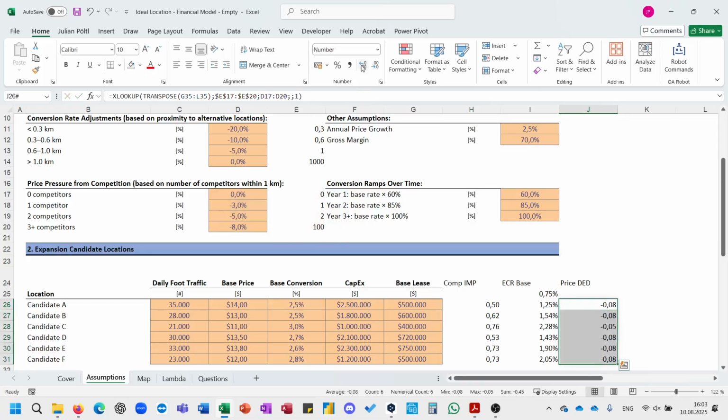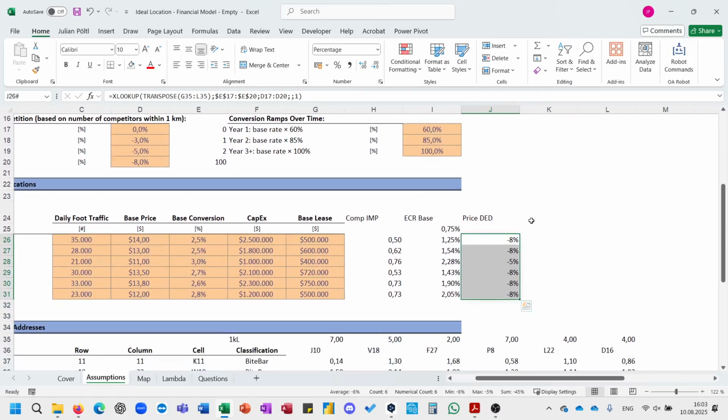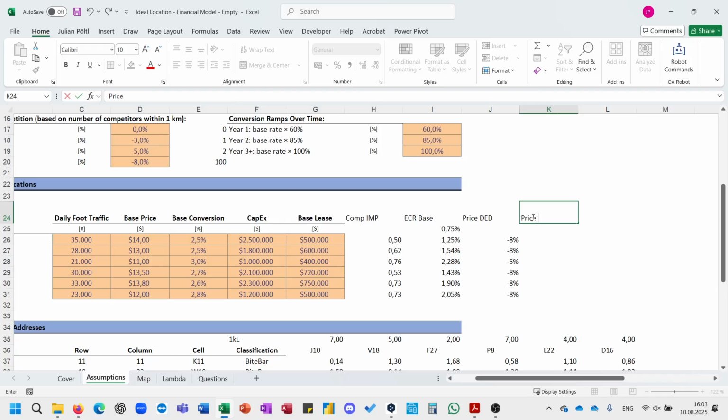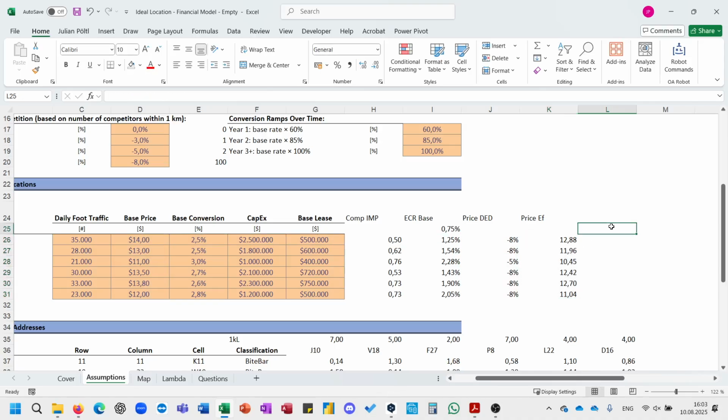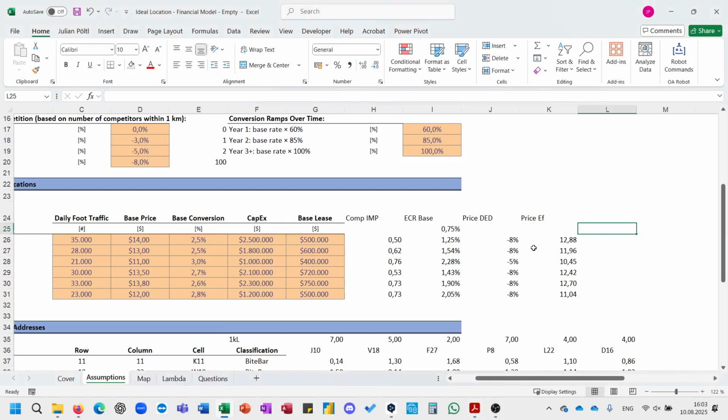Here we know where it's capped, and then we have the effective price, 1 plus this multiplied with the base price. Okay, for A it was asked, and for A it's answer B, 12.88, as you can see here.